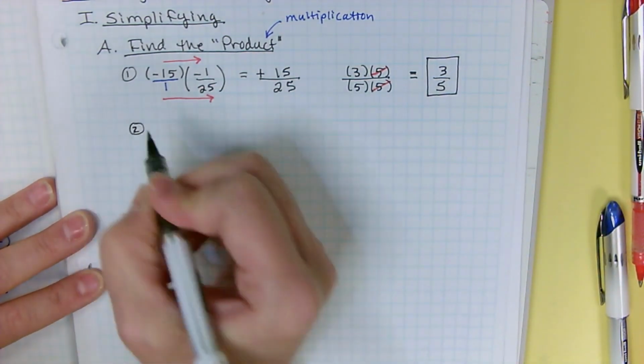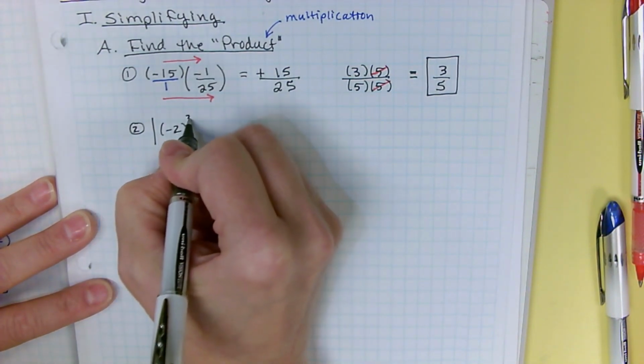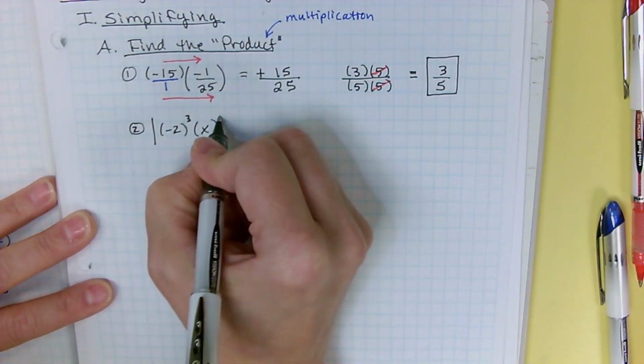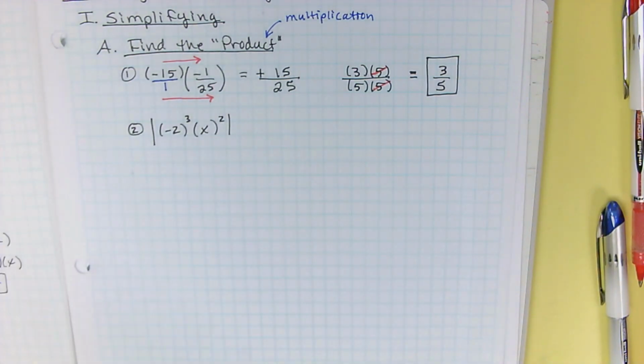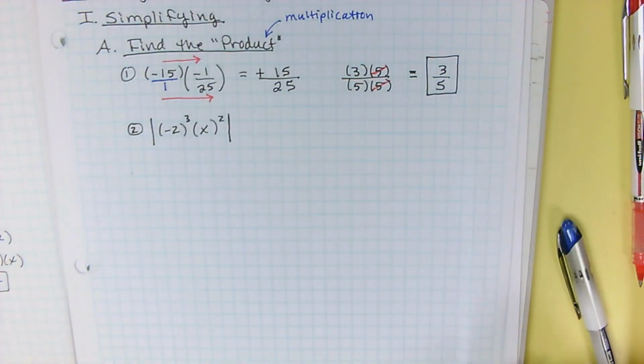All right, let's do number 2. Absolute value with negative 2 cubed times x squared. All right, so what you need to know in your mental library is that absolute value bars are grouping symbols, which means you do everything inside first, and then you go outside and get rid of it.